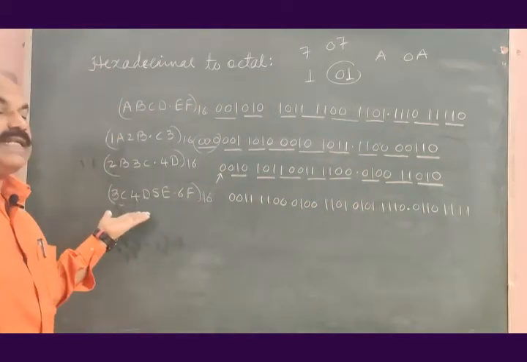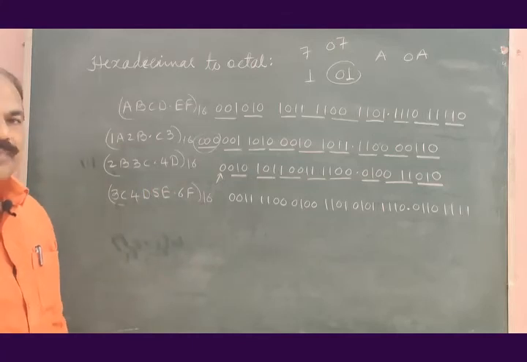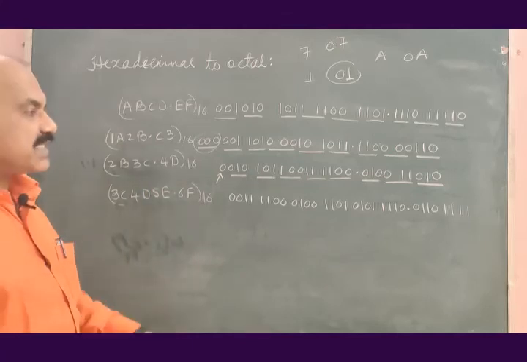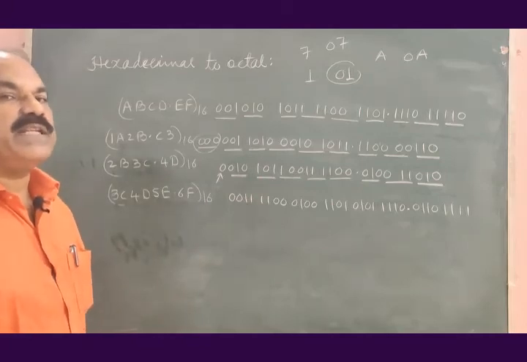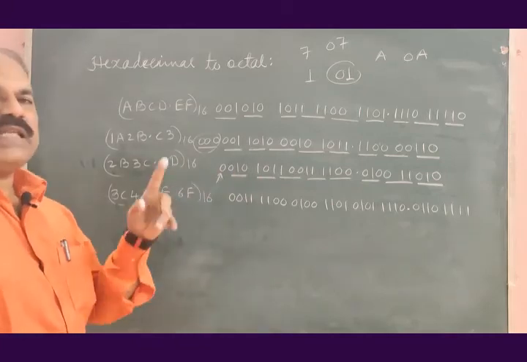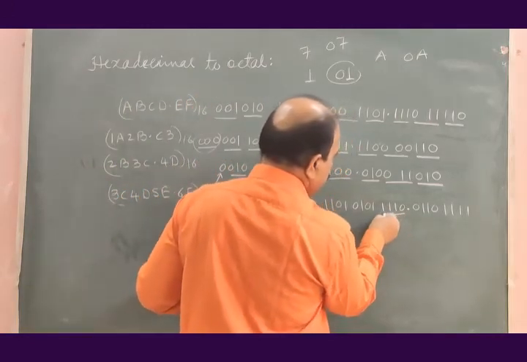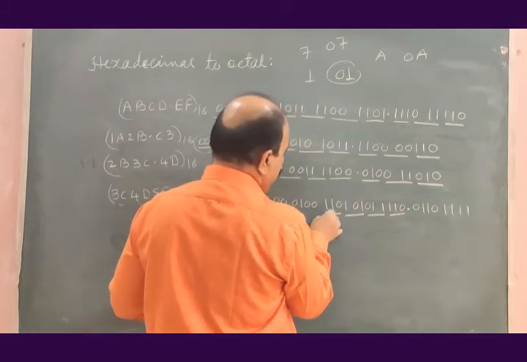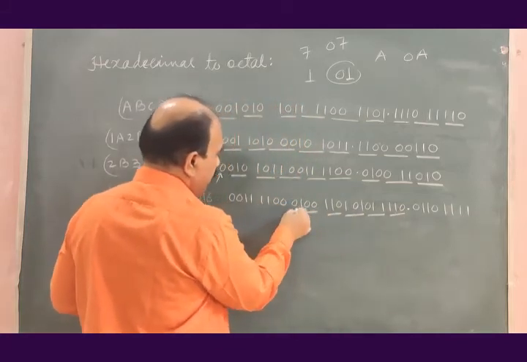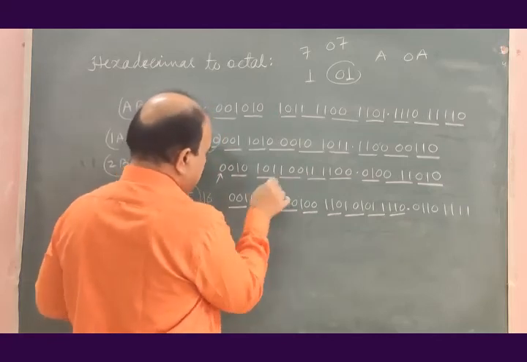Each hexadecimal digit is replaced by a group of 4 bits. Now let us start regrouping these bits into groups of 3 bits starting from the binary point. One group, second group, third, fourth, fifth, sixth, seventh, eighth.